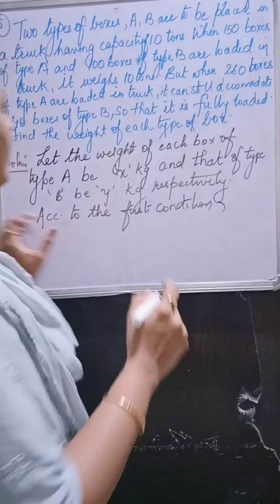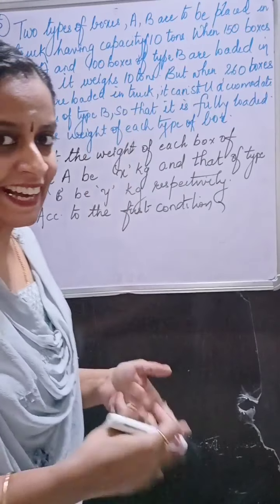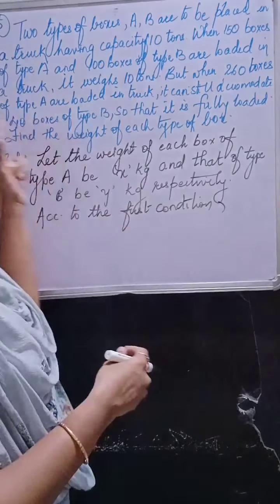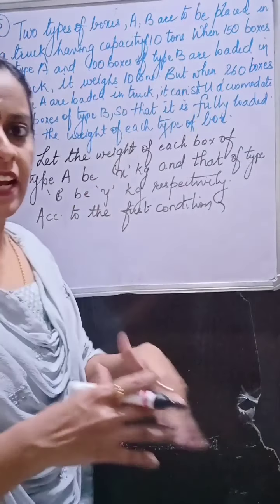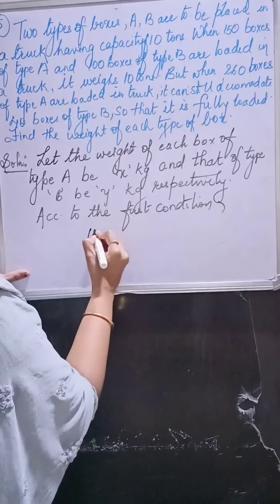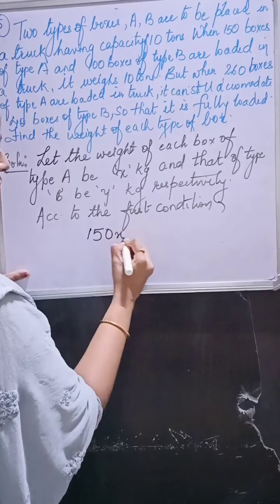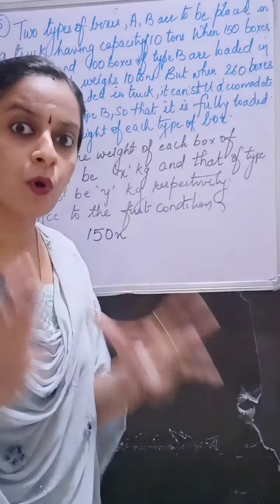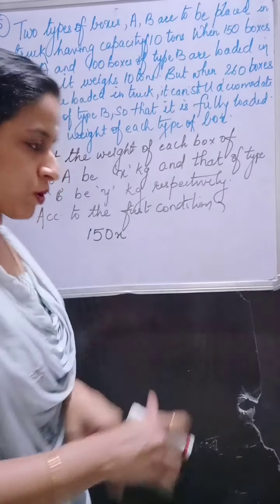So when 150 boxes of type A plus 100 boxes of type B are loaded in the truck, it weighs 10 ton. The total becomes 10 ton. So 150 boxes of type A means 150 into x. That will be the total weight of type A boxes.